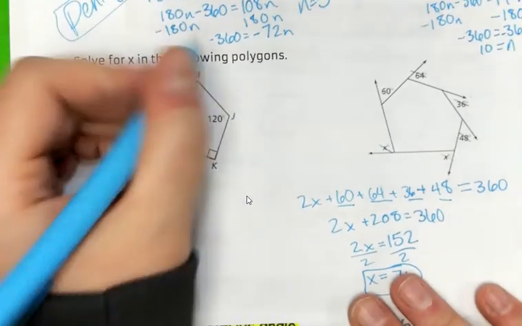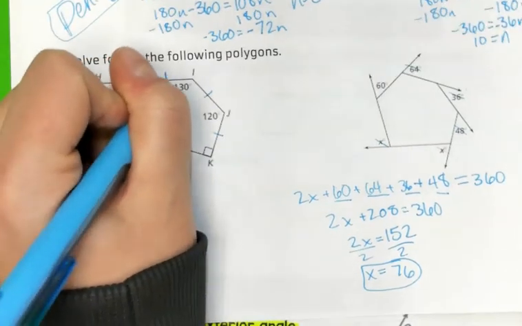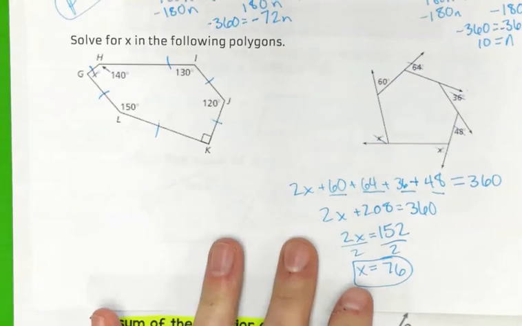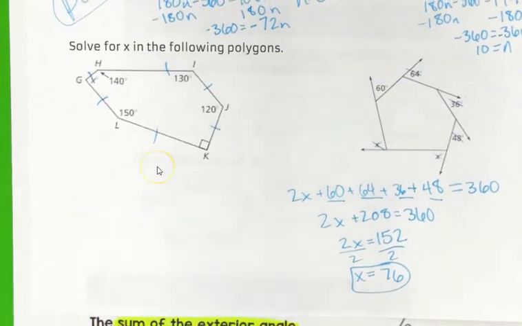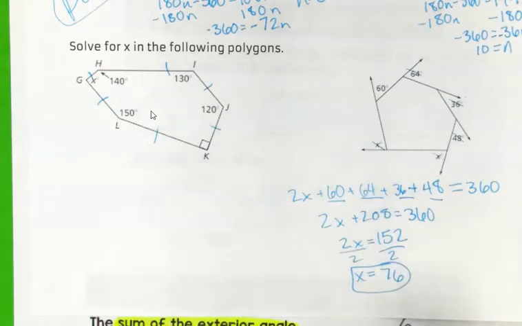So the number of sides for this is 6 sides. So I want you to find the sum of the interior angles, set them equal, and then solve. And I'm going to pause my video, and I want you to pause it as well. And then I'm going to show the answer in just a little bit, okay?